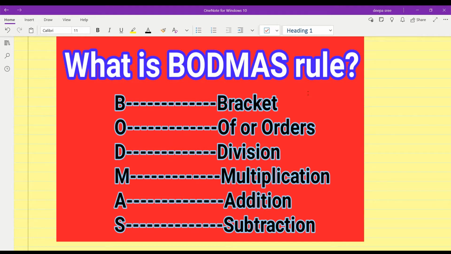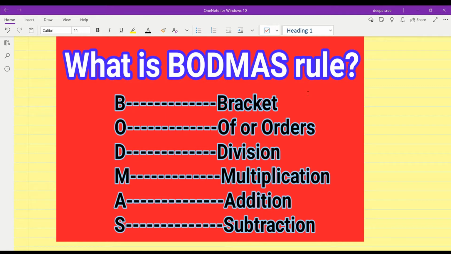in the given order, that is B for bracket, O for of or orders, D division, M multiplication, A addition, S subtraction. So this is the order of operation. If you get a problem with mixed operations, we have to go through this order.